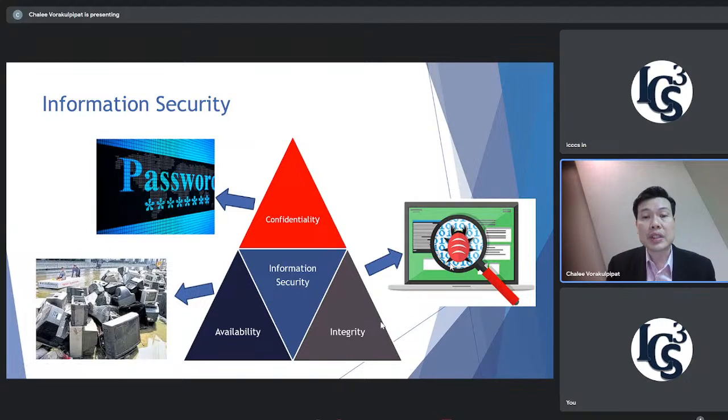Okay, if I ask you which one is the most important, no, not all three are equally important. It depends on what you want. It depends on what is the most relevant to your business. If you are working for an army or military, of course, confidentiality is the most important because data must be secret or confidential, right?